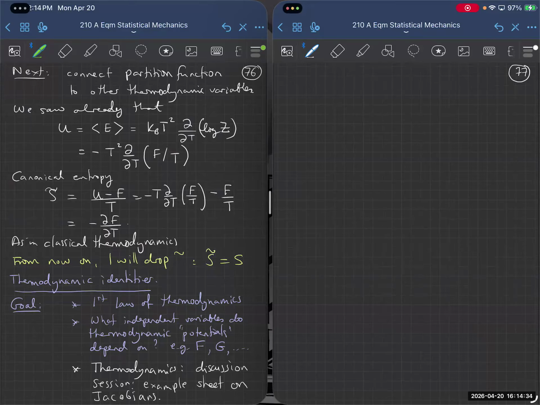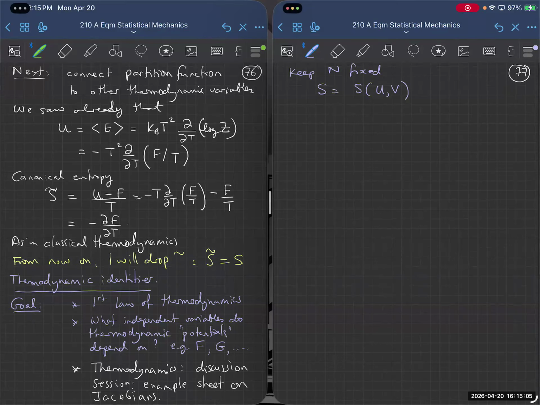Let's get started with the first law of thermodynamics. What we're going to do is keep the number of particles fixed. Then the entropy depends on the internal energy, the volume of the system, and the number of particles, but that is now a constant.